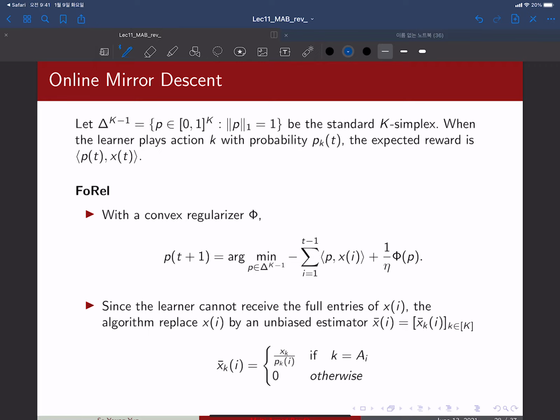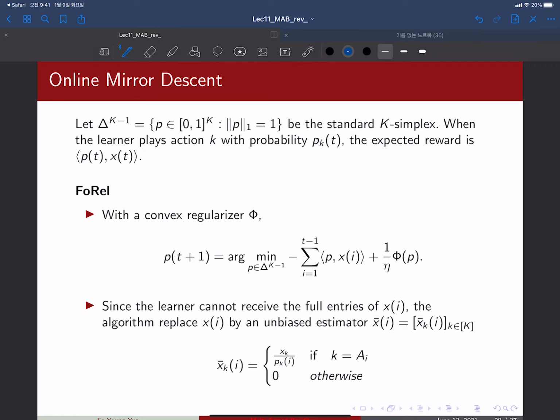So if every reward is negative, then all the theorems hold. But when the reward becomes positive, there are some uncomfortable things, and the theorems become not correct.